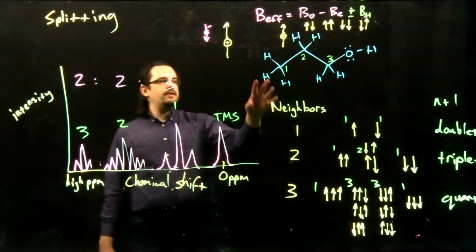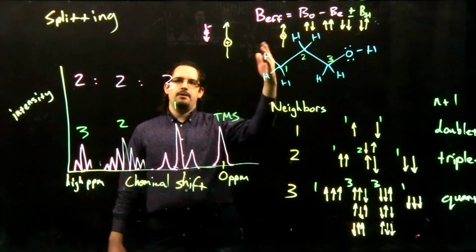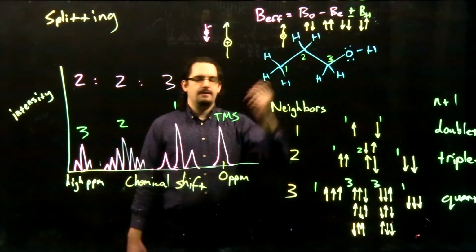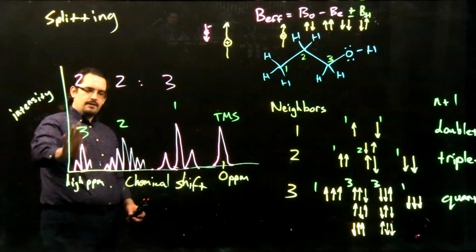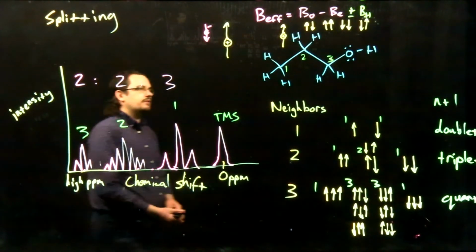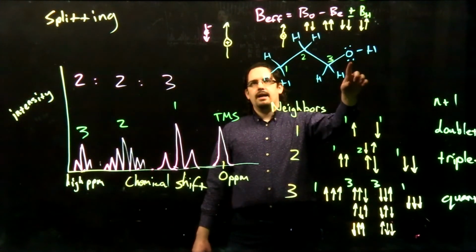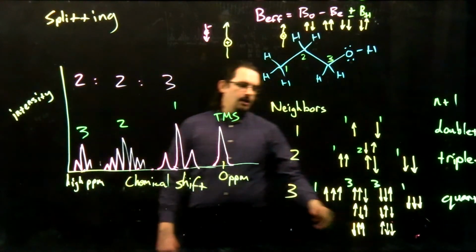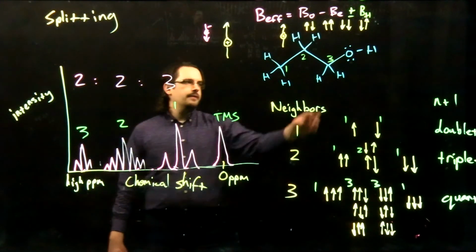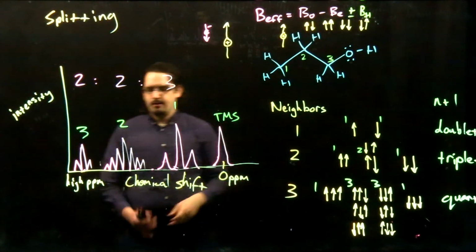Right? So now we know that these hydrogens are adjacent to a carbon with 2 hydrogens, as we see on our overall structure. We see the same thing over here with group 3. Since it has a higher chemical shift, we know it's closer to an electronegative atom. Since it's split into 3 peaks, a triplet, we know that it has 2 neighbors. So this is also next to 2.